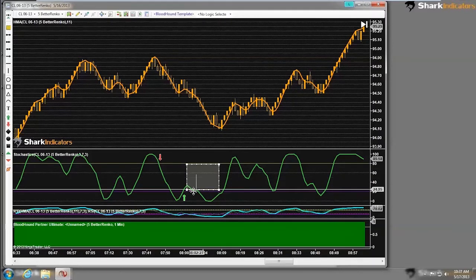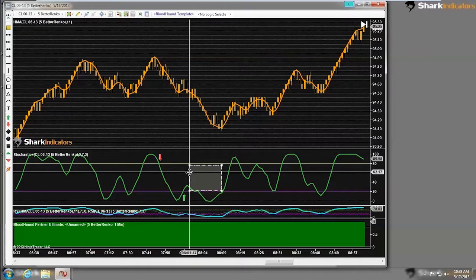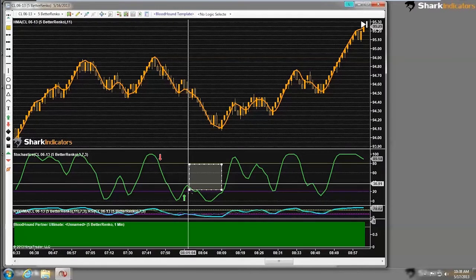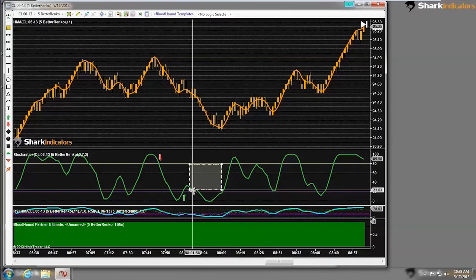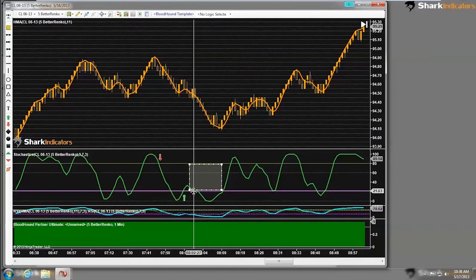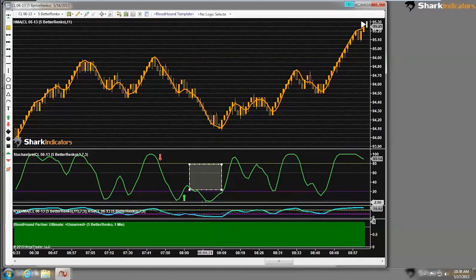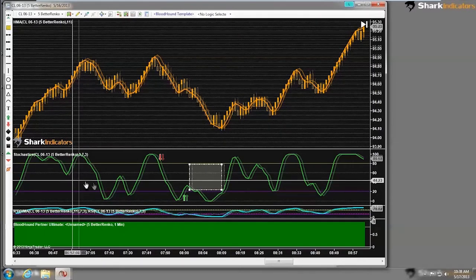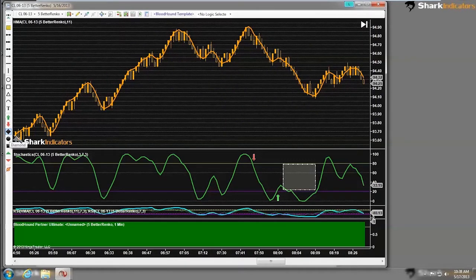When we get these changes in direction of our indicator in this no man's land, we want to change the bias. So when we get this inflection point, we want to change our bias, but only when we're in this no man's land. For example, let me mark this inflection point here.